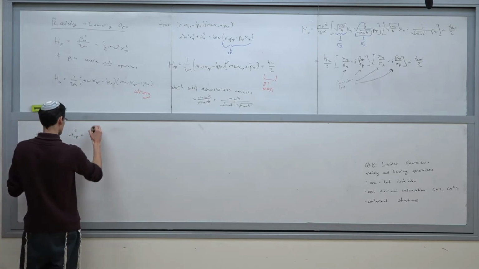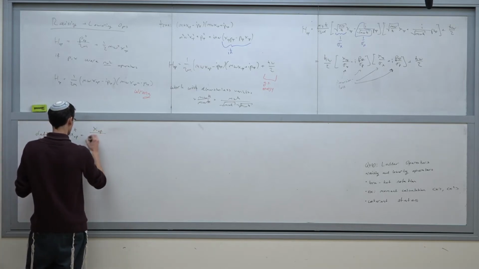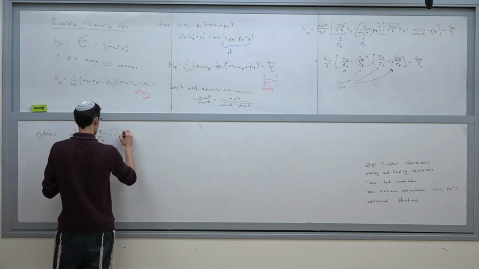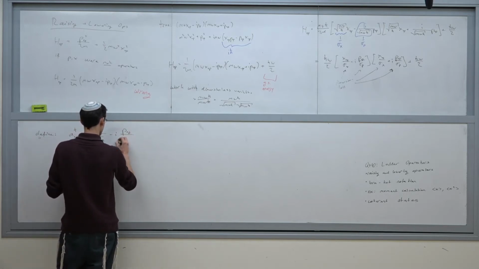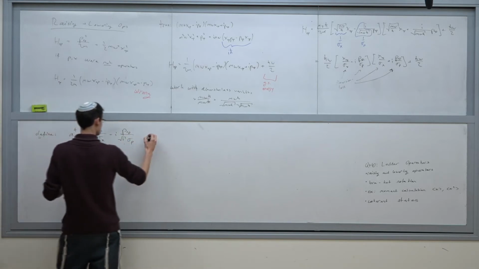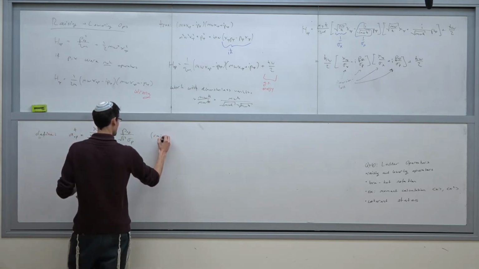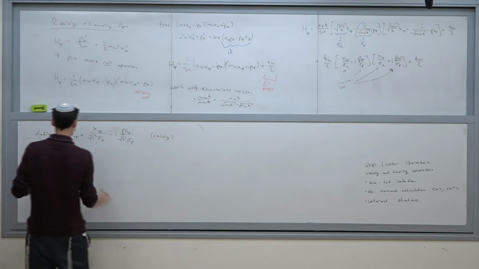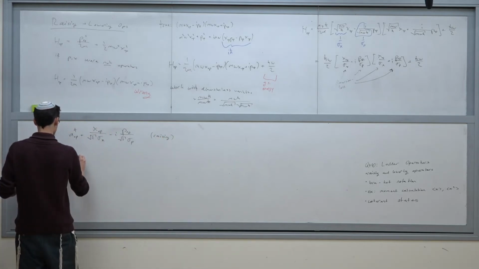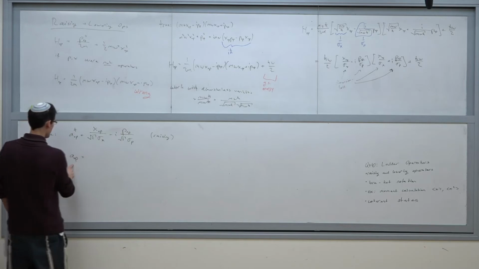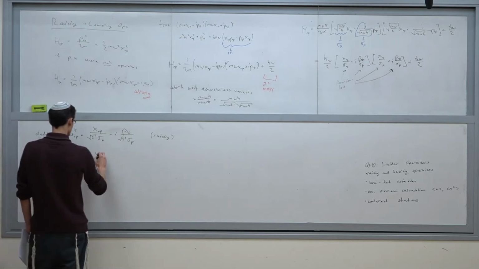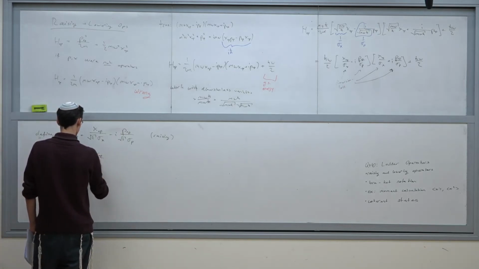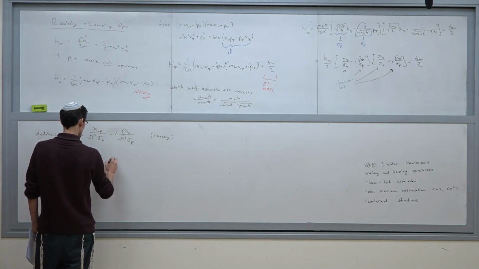That'll be the x operator divided by root 2 sigma x minus i p operator divided by root 2 sigma p. This is raising. And I'm defining something I call the A operator, which is the same thing with a plus sign.